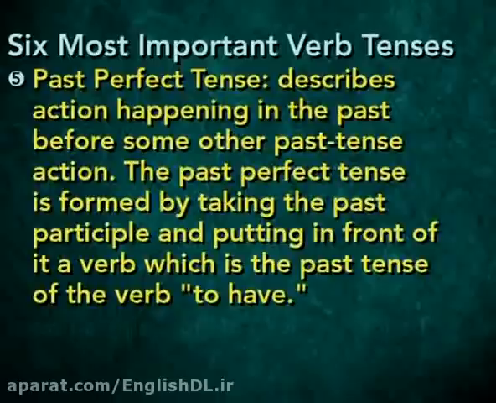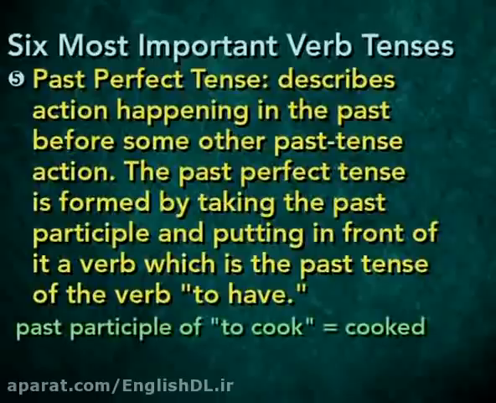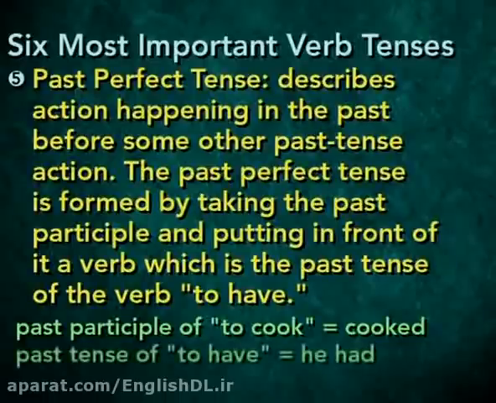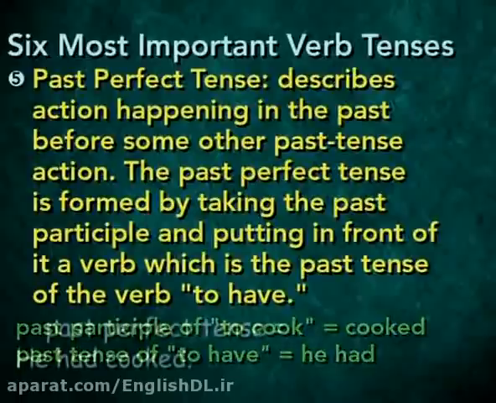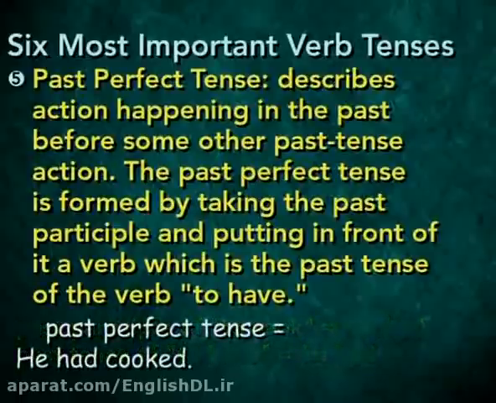Let's use the verb cook again. Remember that the past participle is cooked. Now, if we want to take the past tense of the verb to have, we might say something like, he had. That's the past tense of the verb to have. And when we tack on the past participle afterwards, we have, he had cooked.